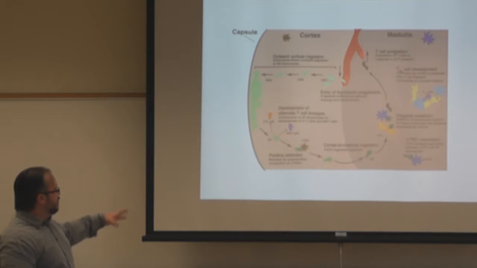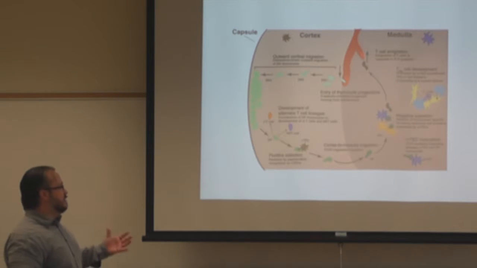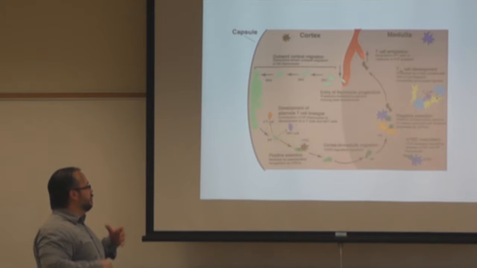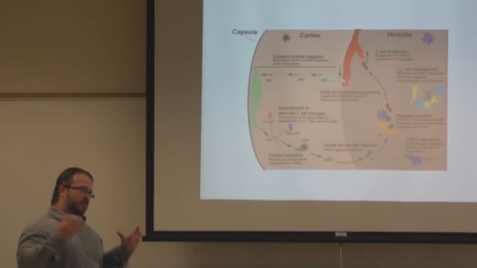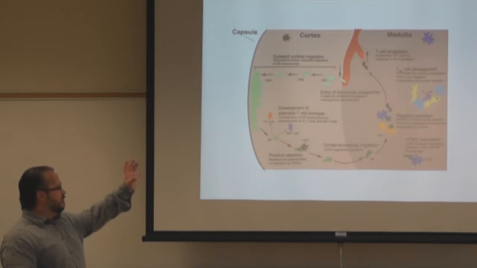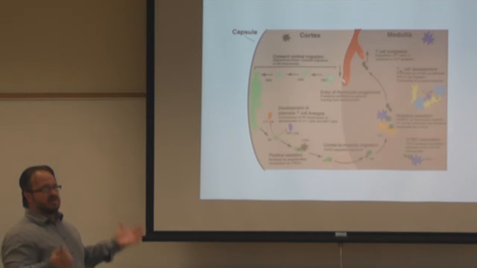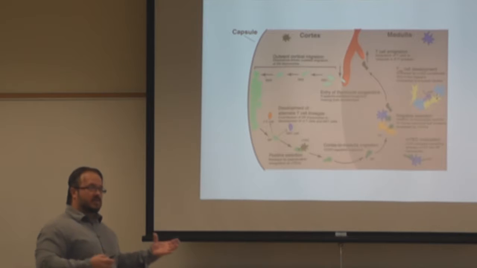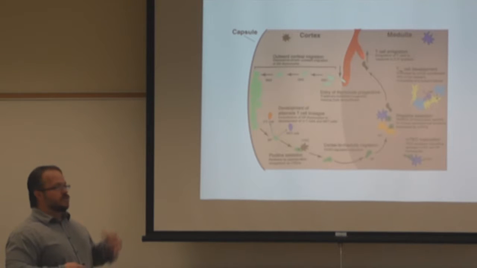The events that happen: first you have positive selection happening in the cortex, in double positive cells. It kind of makes sense because they have both CD4 and CD8, and so they're going to be perusing these MHC molecules with antigens, looking to see which ones actually have some specificity.